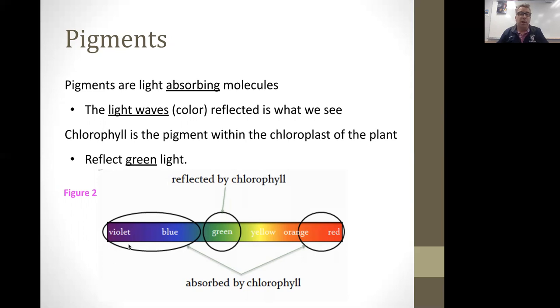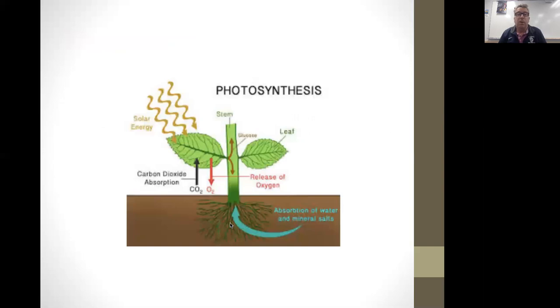So if you look here, we have violet and blue is absorbed by chlorophyll, and the oranges and reds, and then the green is reflected by chlorophyll. All right, so here's just a small little picture of photosynthesis occurring. So we have the sunlight, we have the water being taken up from the roots, we have the carbon dioxide entering the leaf from the atmosphere, and it's actually releasing the oxygen, and that happens at the same place.